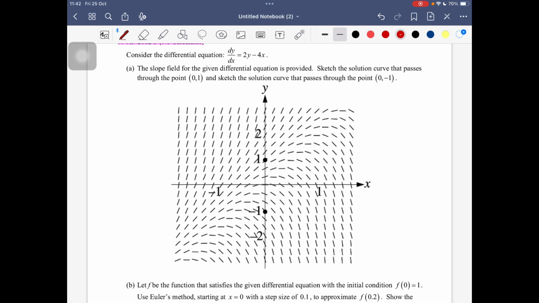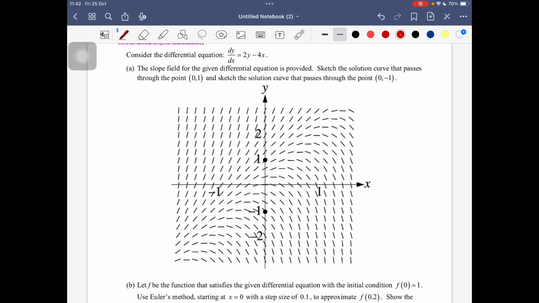As approximations, we've learned about Euler's method and also the slope field. The slope field is also a good way to approximate the shape of the graph.